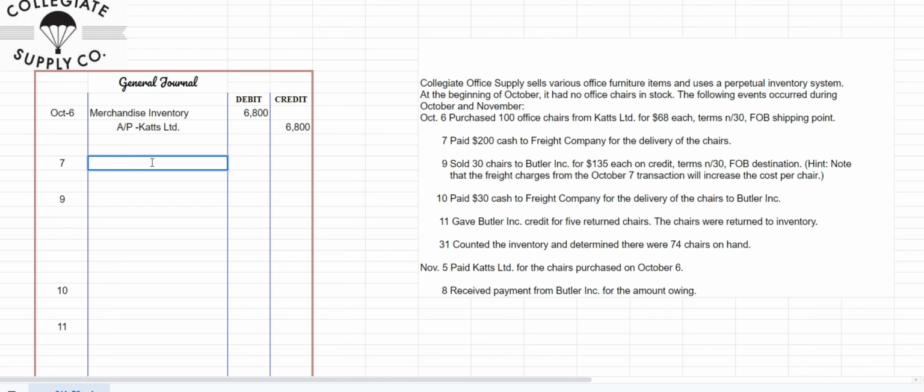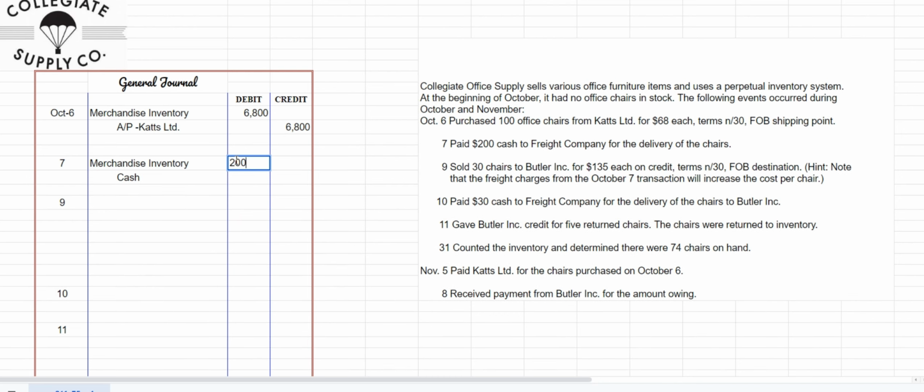And whenever the buyer pays for the shipping, the debit doesn't go to any freight expense or something like that. It just goes into merchandise inventory. And since we paid cash, the credit account is going to be cash. And we paid $200.